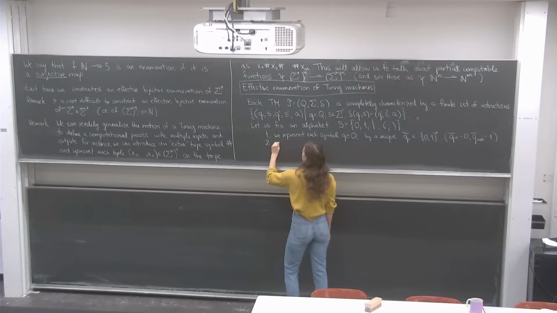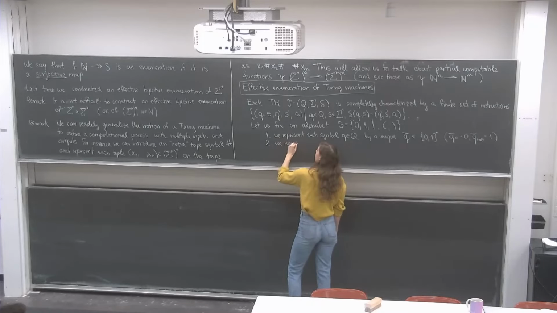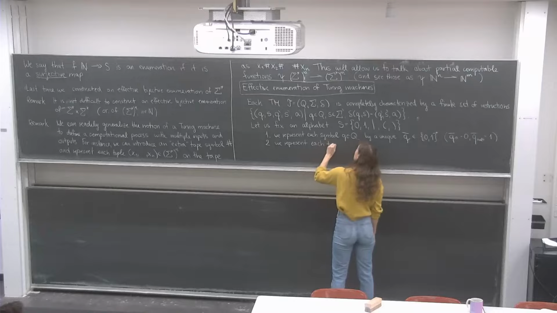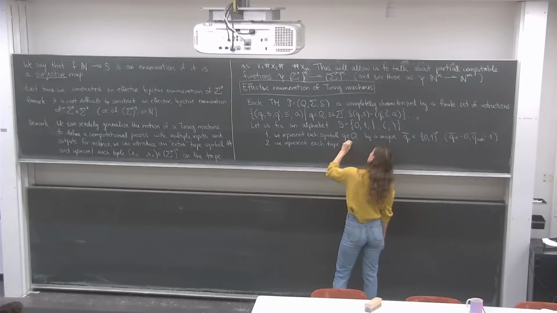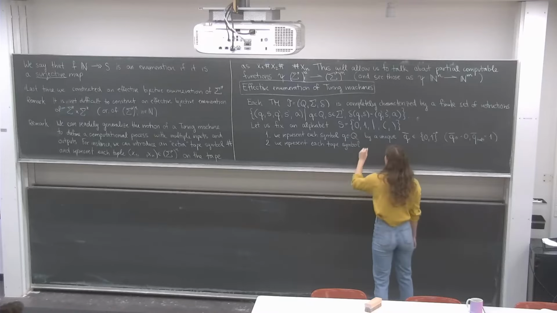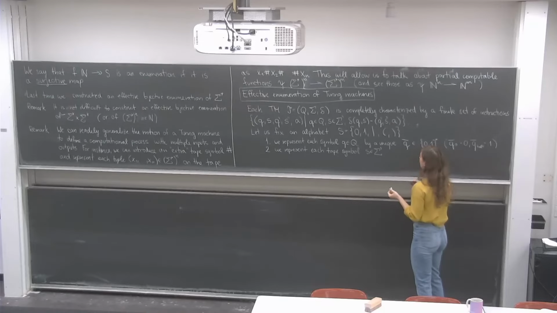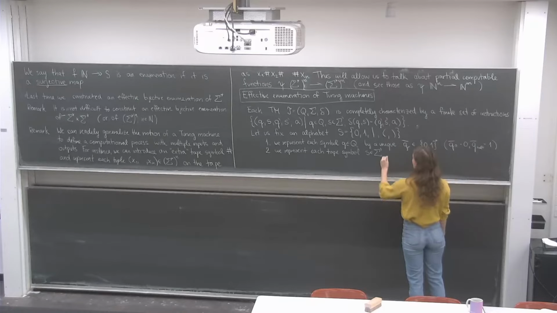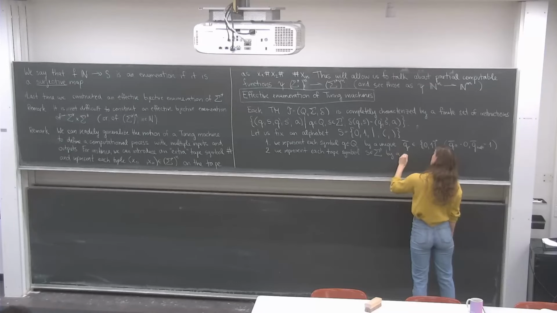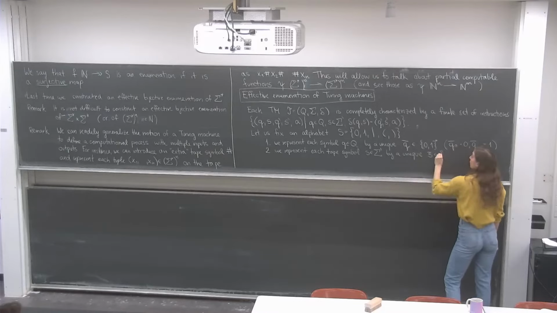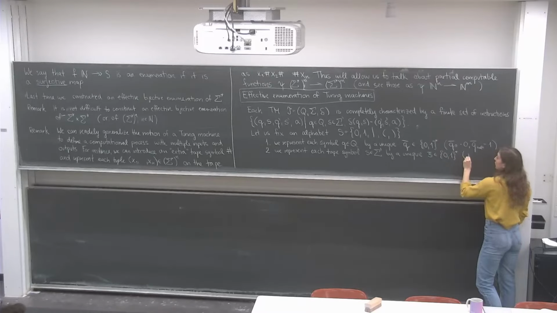So similarly, we represent each tape symbol from sigma prime again by a unique sequence s bar, also just using these two symbols. Like for instance, we can say that the blank symbol bar will be 0.